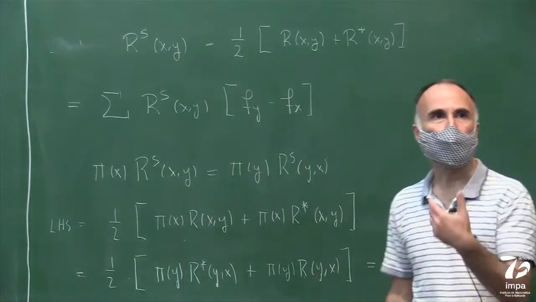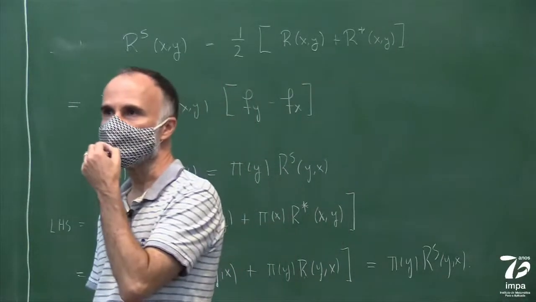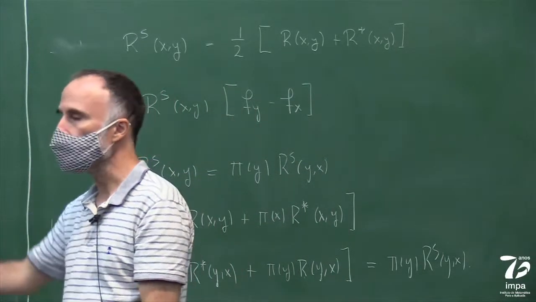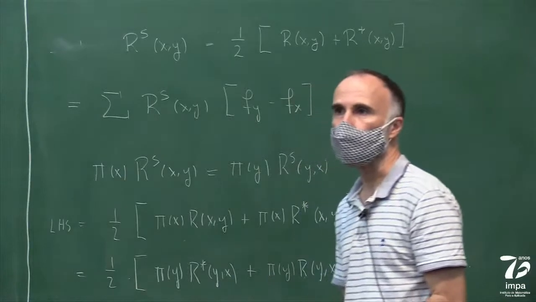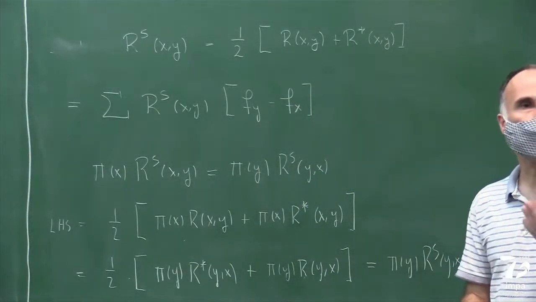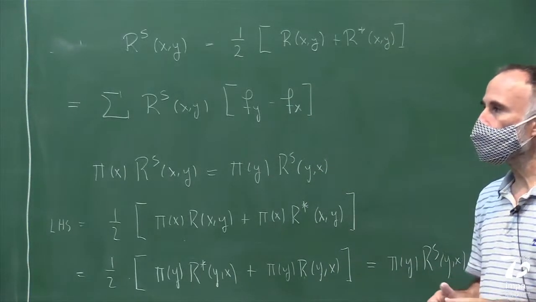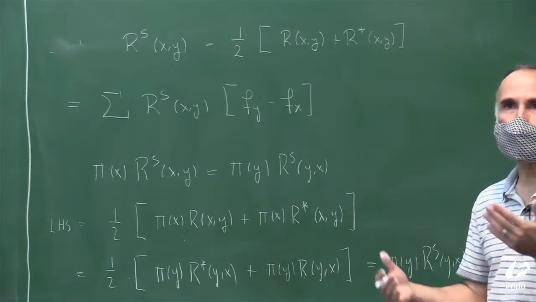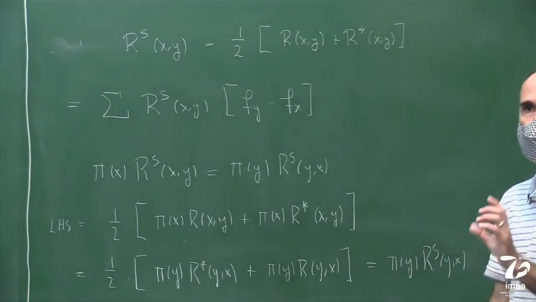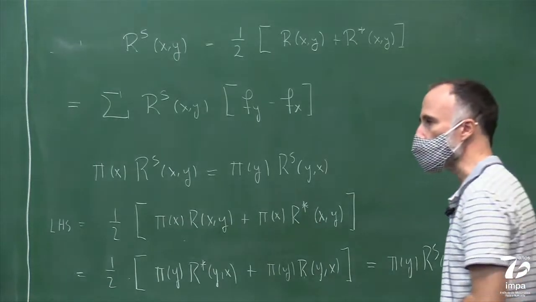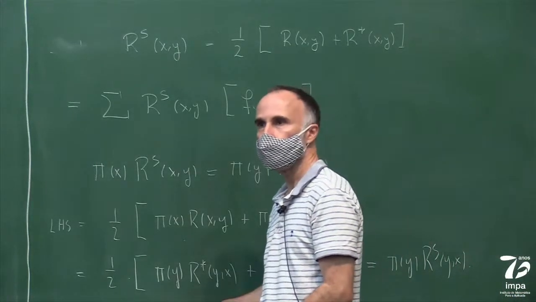So if pi does not satisfy the detailed balance condition for your generator, it satisfies it now for the symmetric part of the generator. So the symmetric version of the generator gives you a reversible process, a process in which if you change the orientation of time, you get the same evolution.